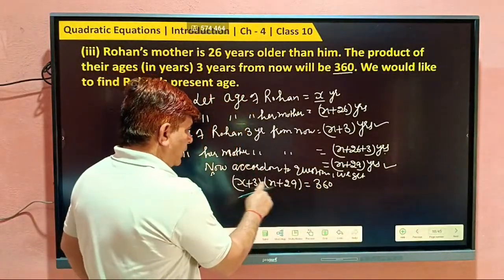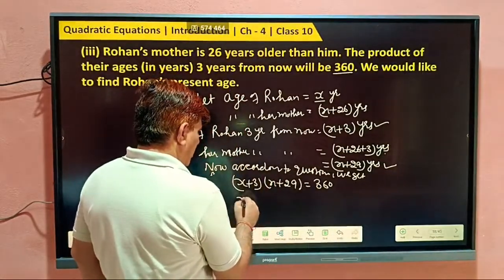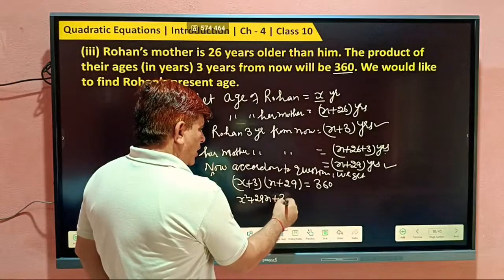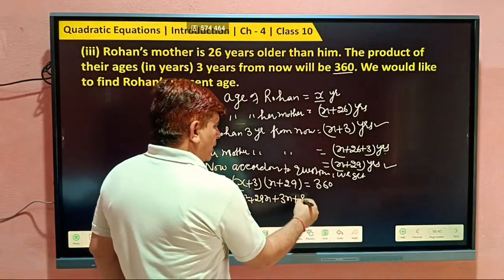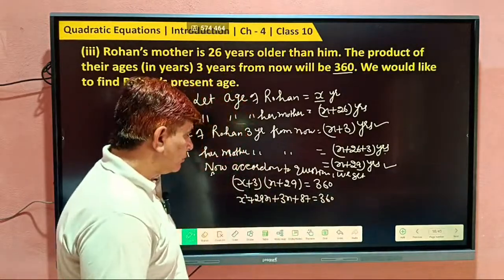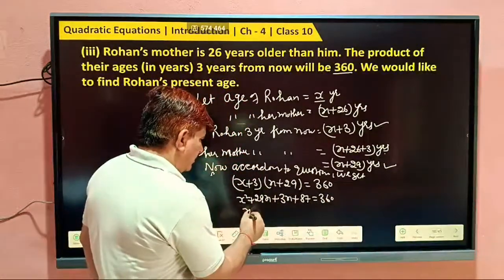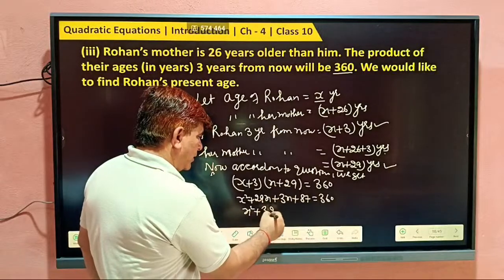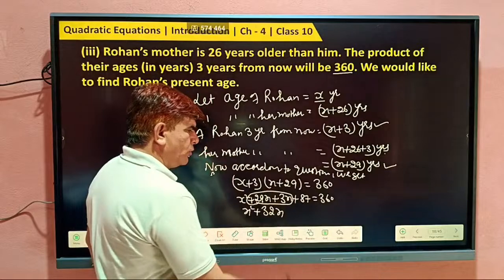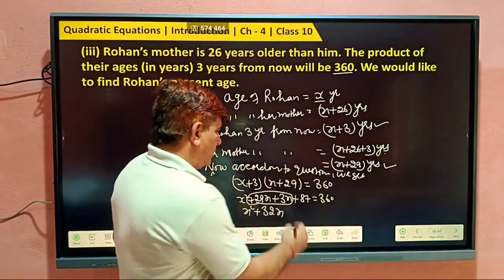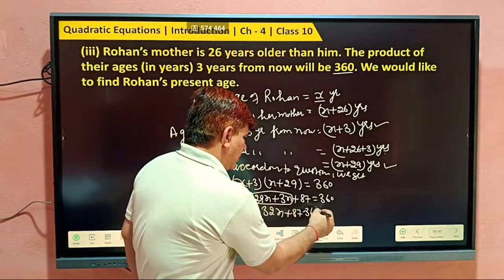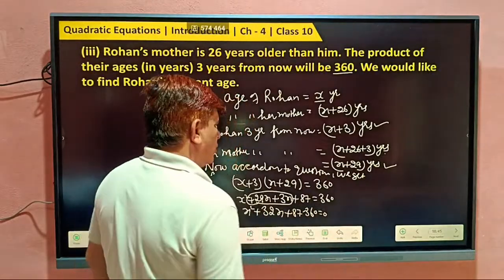Multiplying, it becomes X square plus 29X plus 3x plus 87 is equal to 360. X square plus 32x, since both are plus, add them. Plus 87 minus 360 equal to 0.